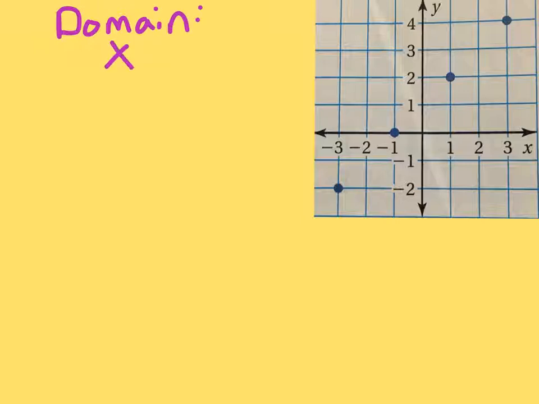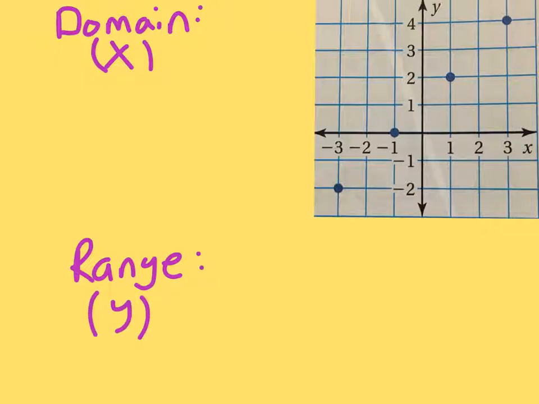Those are going to be the x values. And our range is going to be all the y values. All right? So let's do the domain first. Let's start with this point here. What is our x value of this particular point? -1, -2, -3. So -3 is part of our domain.